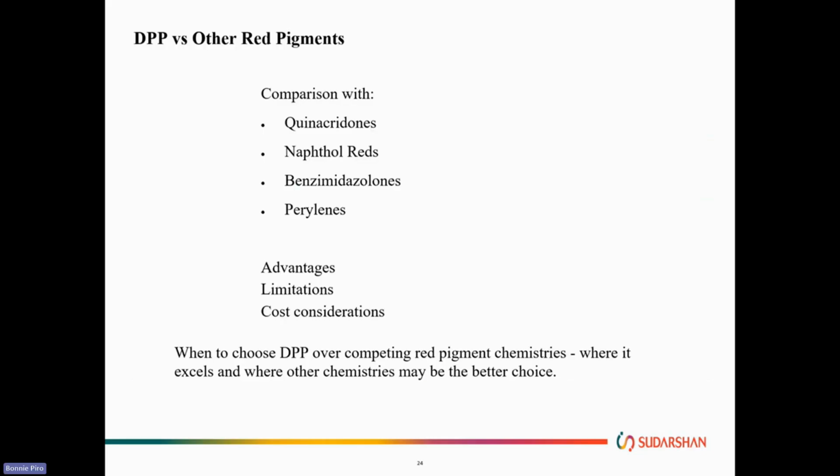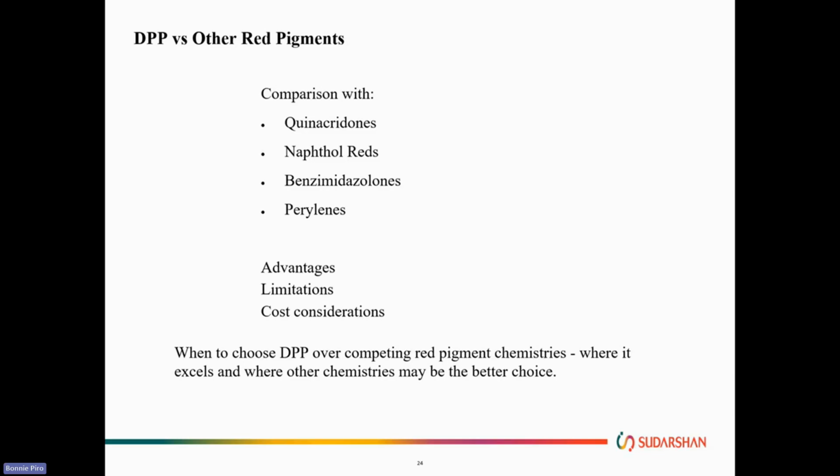So I thought it'd be very interesting to offer you some comparisons of the DPP chemistries in the red space to other red pigments, because there's a variety of pigments to choose from in the red space, as my earlier chart showed. So I thought it would be interesting to have some comparisons, both with other high performance pigments as well as some more traditional pigments.